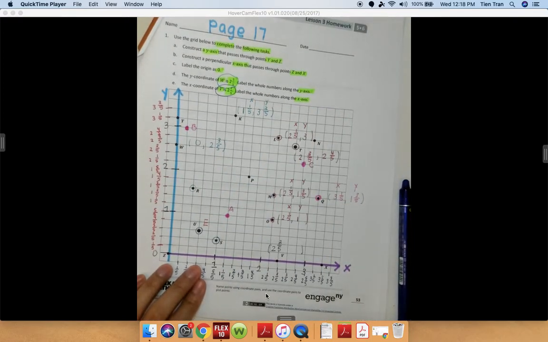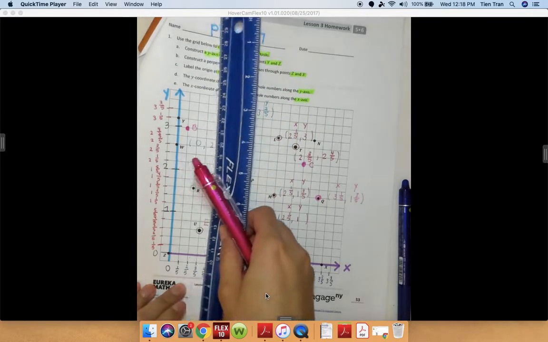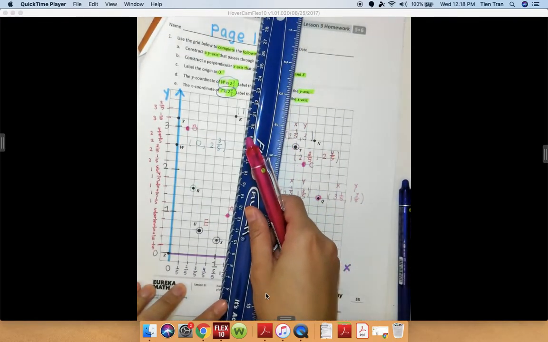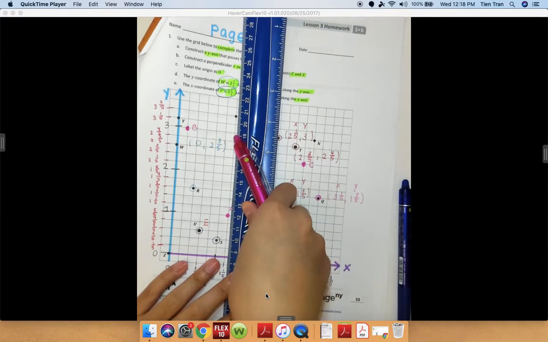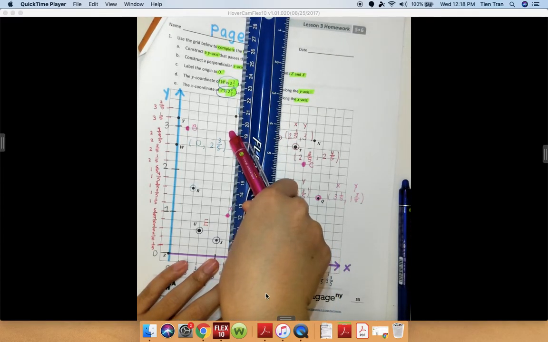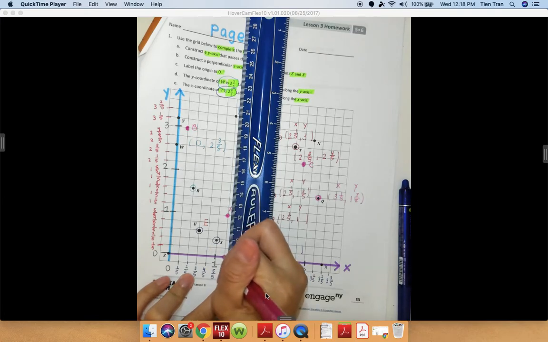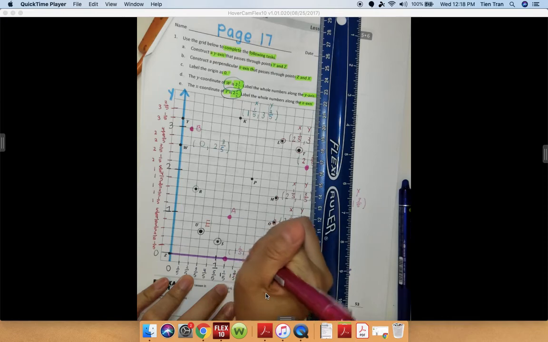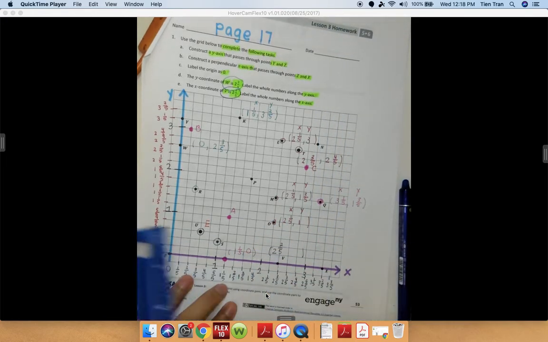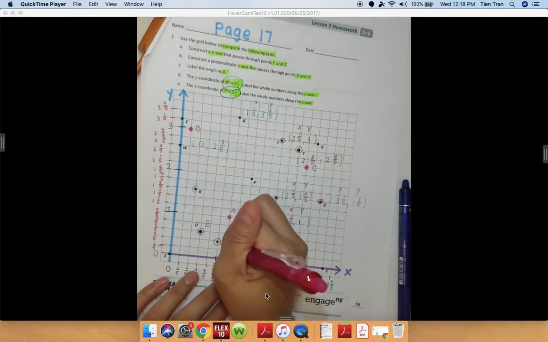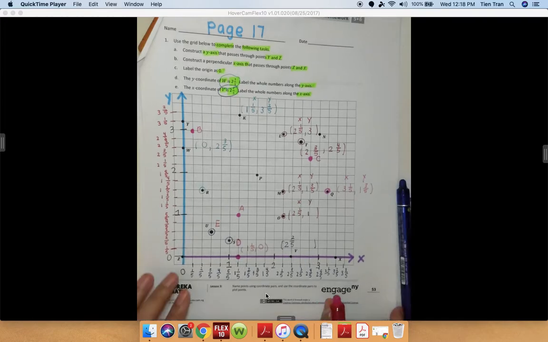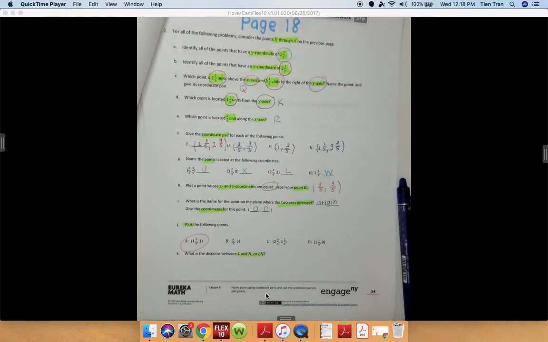And my last one says 1 1/5. So I'm going to move over 1 1/5. Okay, and 1 1/5, they want me to move up all the way to 0. So that means it doesn't move. So this is 1 1/5 and 0. Oh, sorry, they want me to mark that as D. Okay, now I'm going to look at the next question.